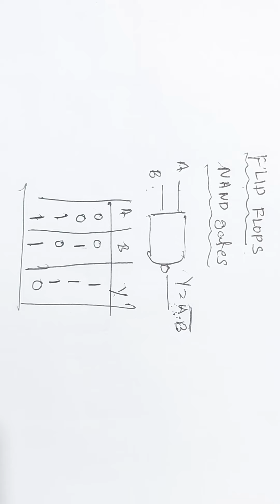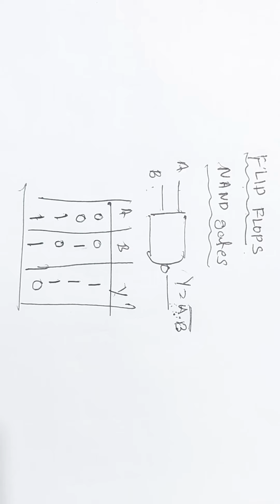You can also construct it using NOR gates, but we will study only the NAND construction. A flip-flop is an electronic circuit which either flips or flops. When it flips, the output is 1. When it flops, the output is 0.